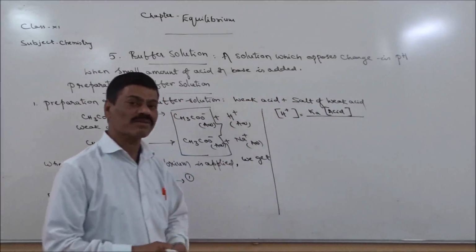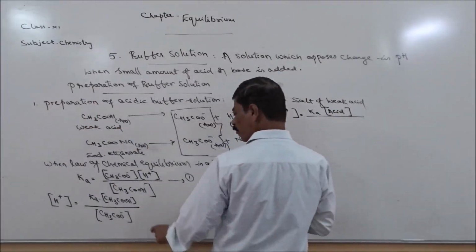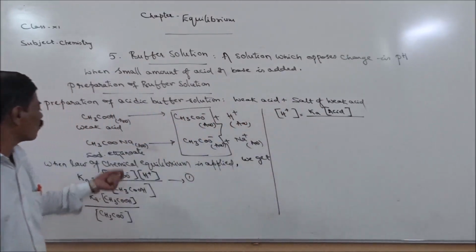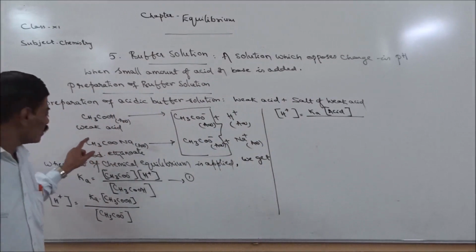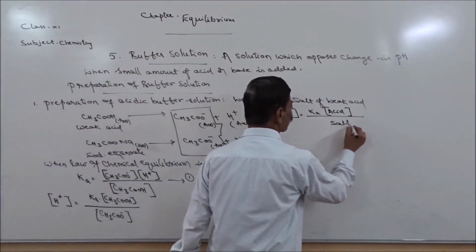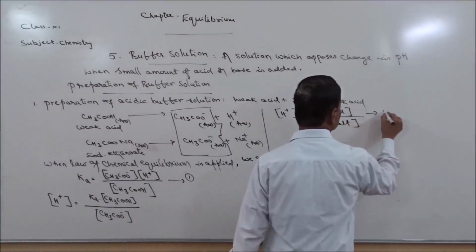That means it is applicable to any weak acid. Divided by the molar concentration of ethanoate ion. Ethanoate ion has come from sodium ethanoate, means salt. So I will write here salt. Right? Let this be equation number 2.